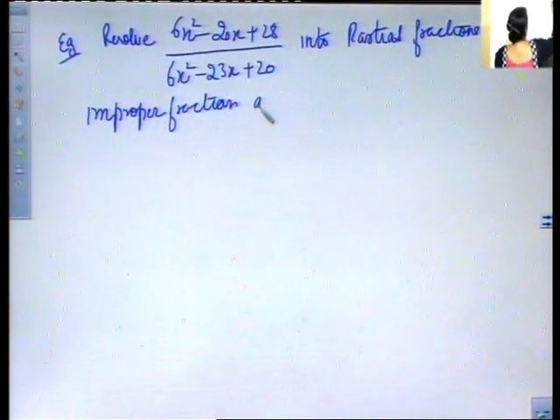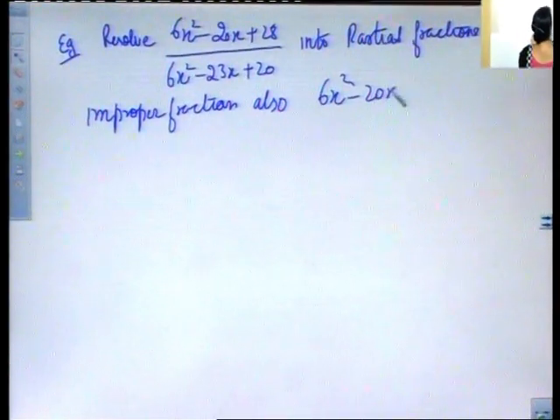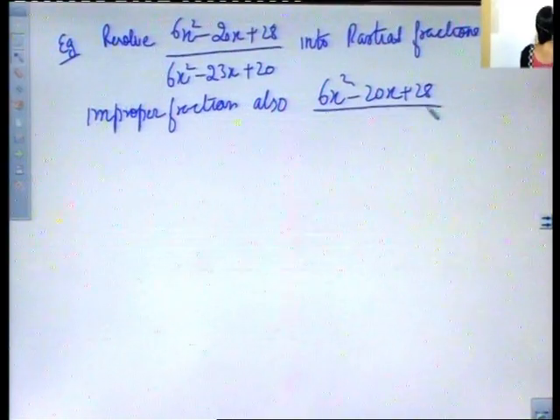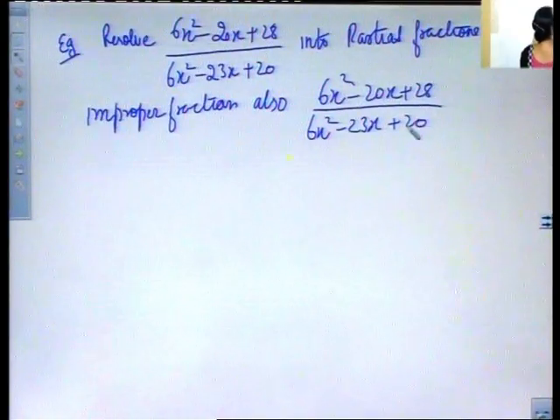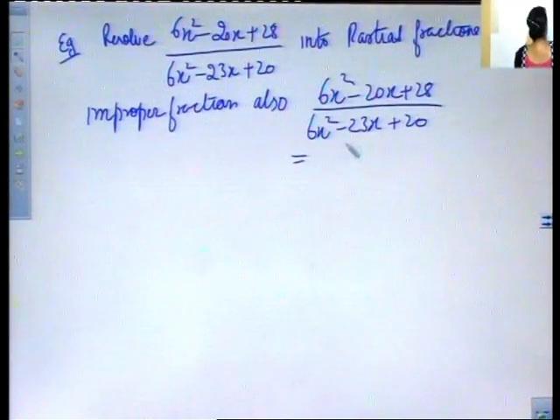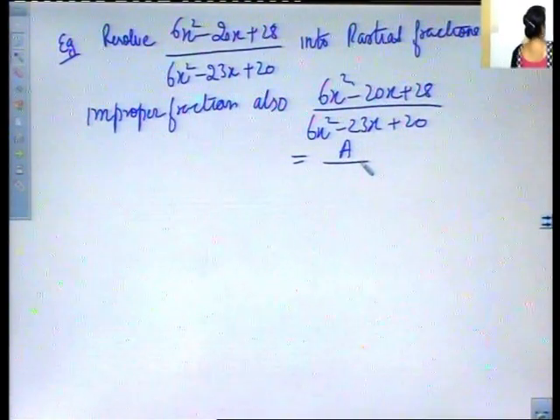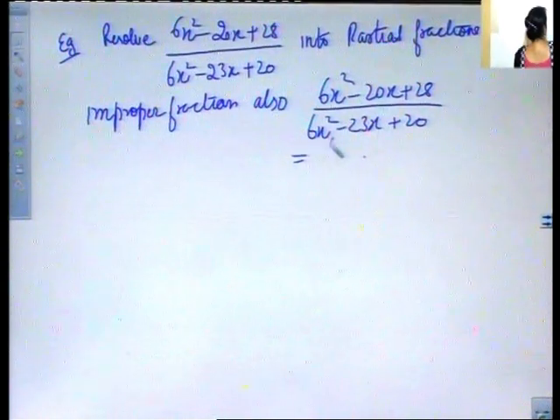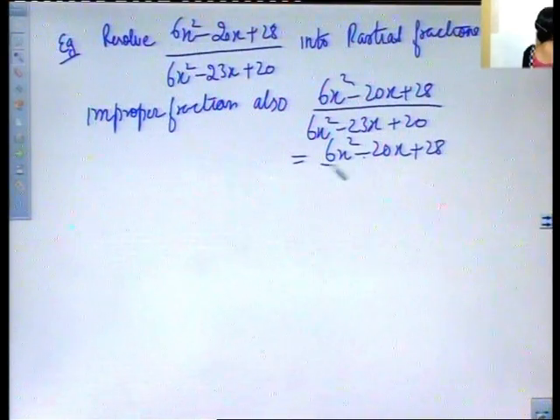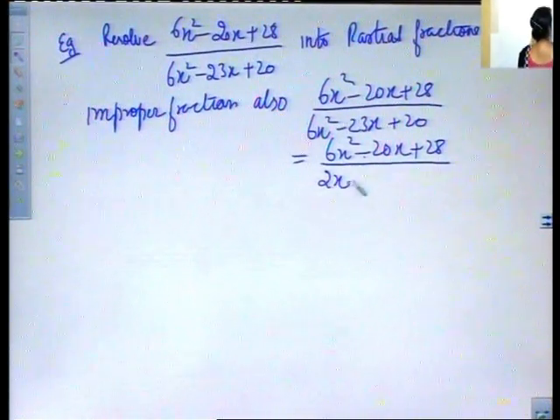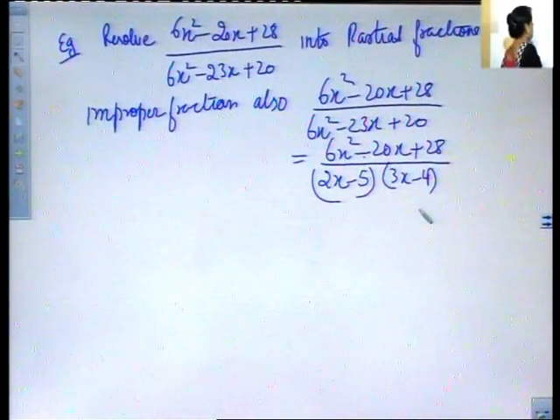Also 6x square minus 20x plus 28 upon 6x square minus 23x plus 20, making the factors of the denominator, that is 2x minus 5 into 3x minus 4.